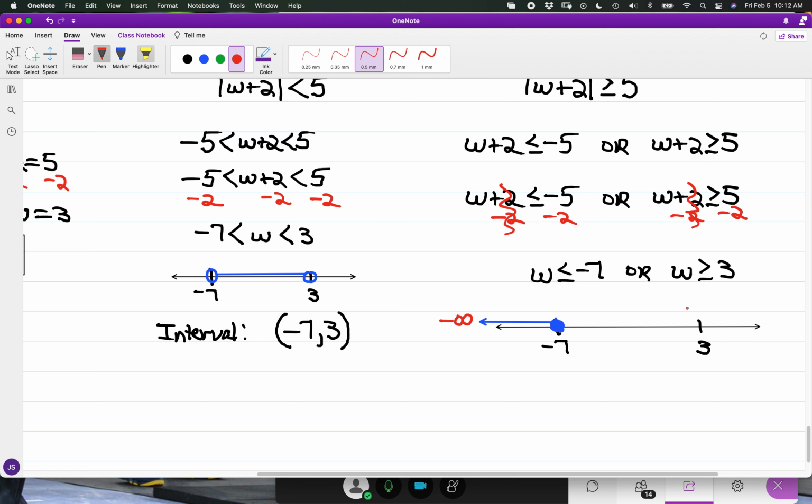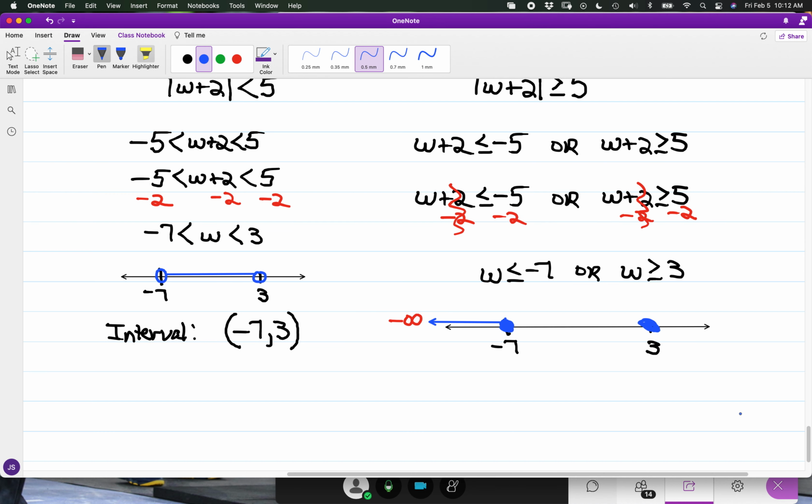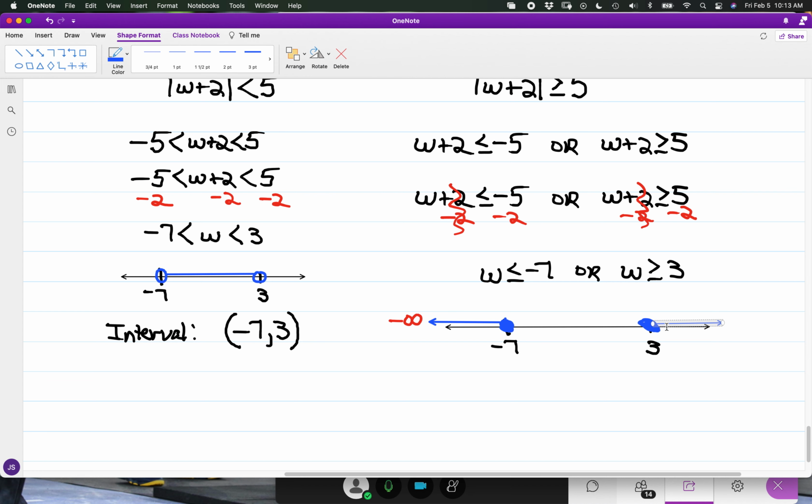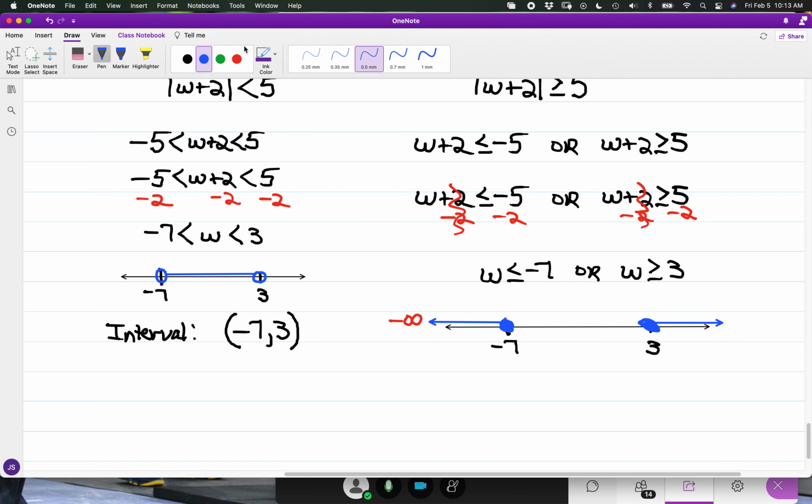For w is greater than or equal to 3, for the equal to portion, 3 is included. So you have a closed point. And for the rest, we have greater than 3. So we're going to have a ray that goes out to the right and in the direction of infinity.